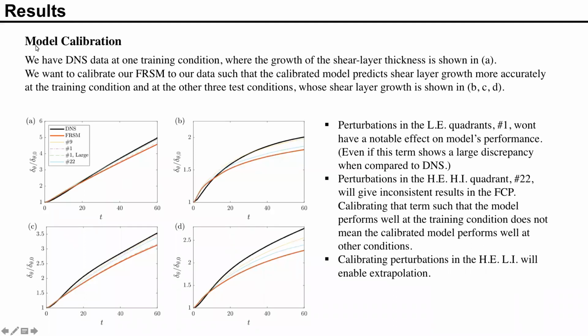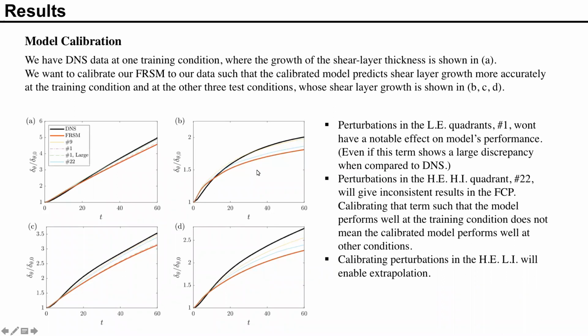Suppose we want to do model calibration, and we have DNS data at one training condition where the growth of the shear layer thickness is shown in A in black line, like this. We want to calibrate our FRSM model to our data at this particular condition, so that the calibrated model predicts shear layer growth more accurately at the training condition, and the other three test conditions, whose shear layer growth is shown in B, C, D. So B, C, D here as black lines.